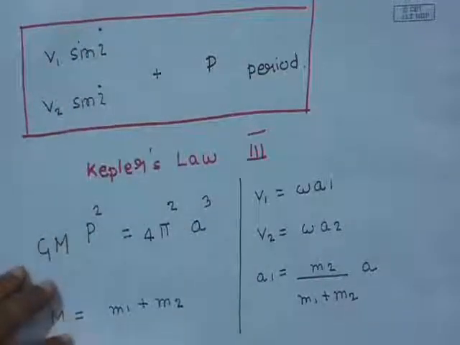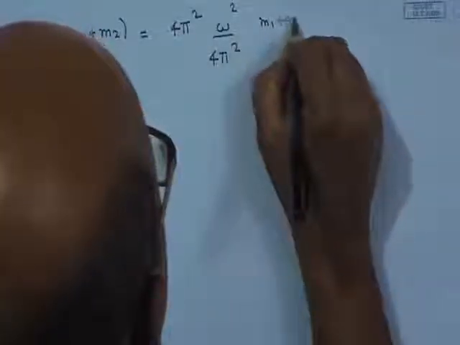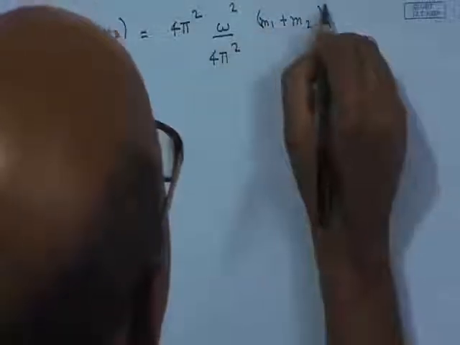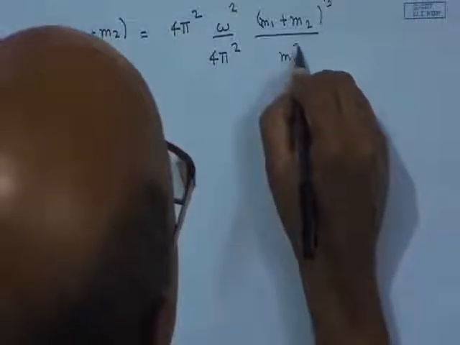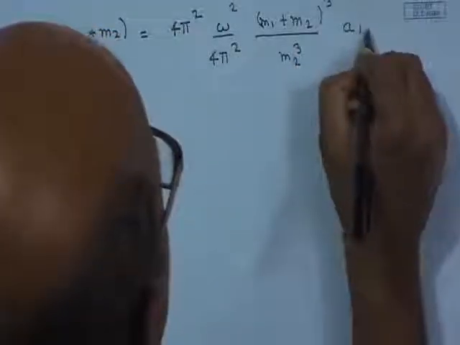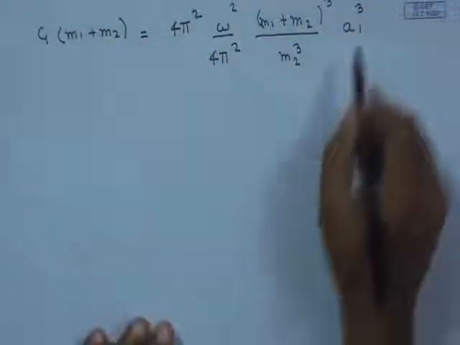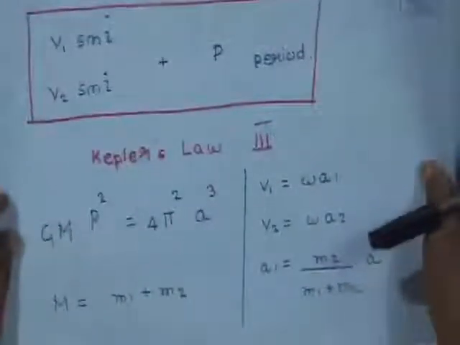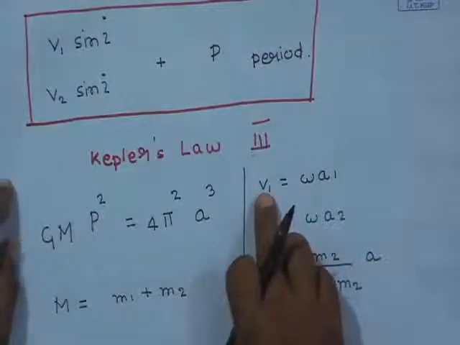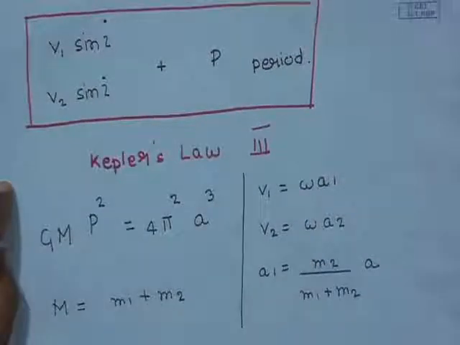So, I can write this as M1 plus M2 cube over M2 cube, a1 cube, and a1 cube into omega cube we know is the maximum speed of the first object, provided you multiply it with sin i.